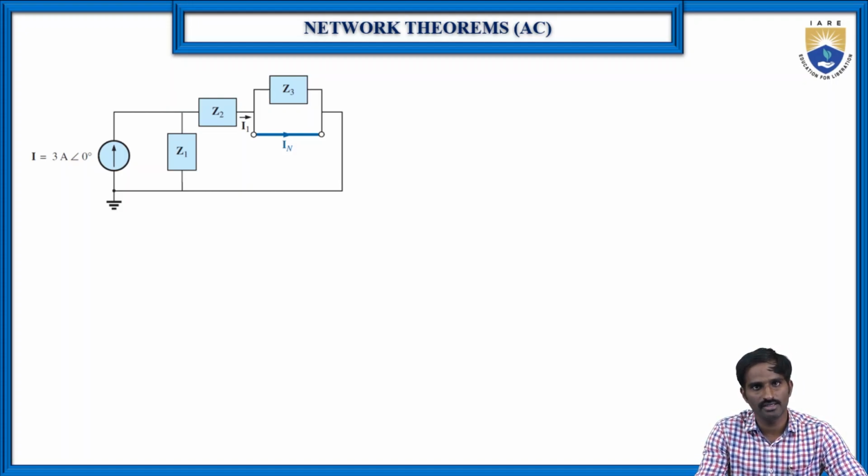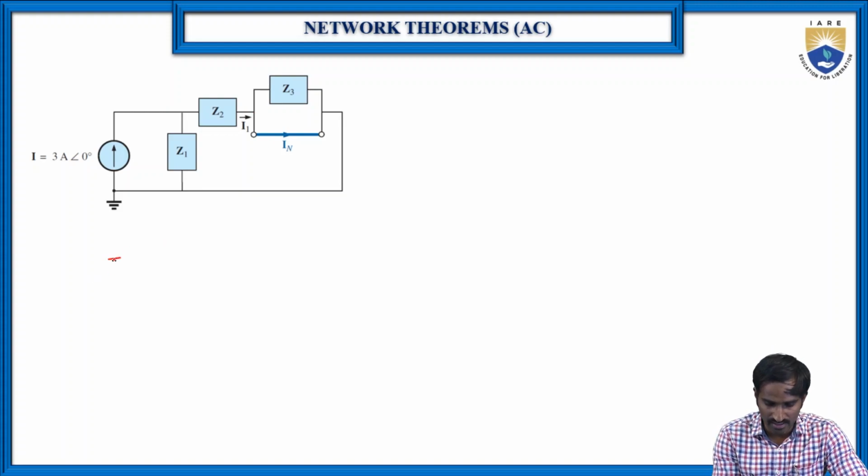Now we know the total current, I is equal to 3 amperes. Then IN, which is equal to I1, is the total current I into the opposite impedance, here Z1, divided by Z1 plus Z2, because we are considering this as the total circuit.